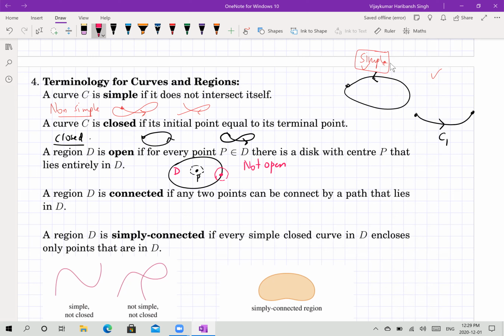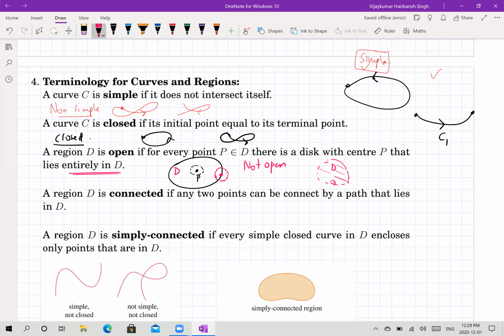Why? Because if you take a point P which lies on the boundary, no matter how small the disk is, it will still not lie entirely inside D. An example of an open region would be an open disk. You take a point and you can always draw a small disk around it such that it completely lies inside D.